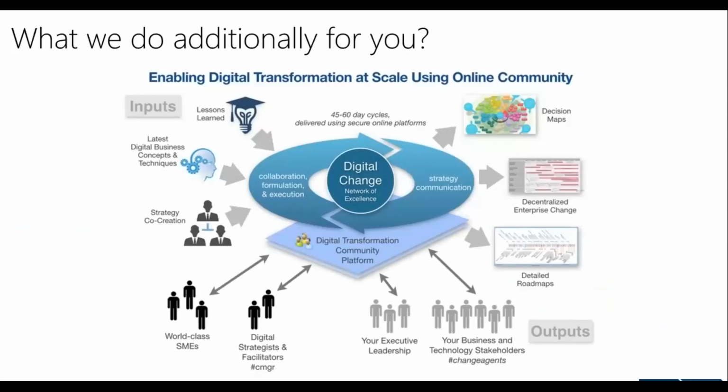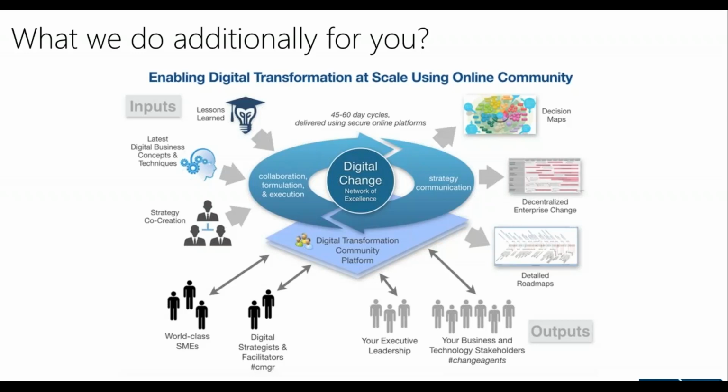Additional resources: what RC is additionally doing for you. Basically, we are working along with the customer all the time, and we get the inputs from our customers, we review the plans, we learn the lessons, and by this we make the strategies by having communication with the customer, the people who are part of our company.